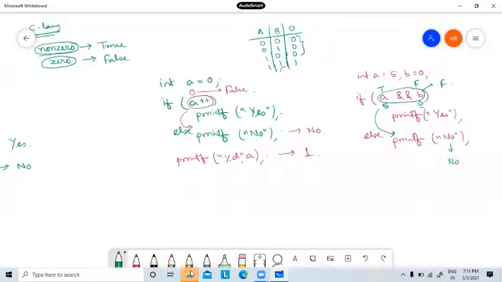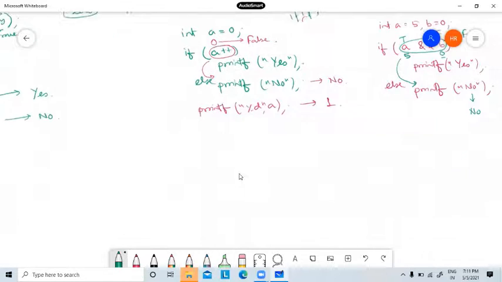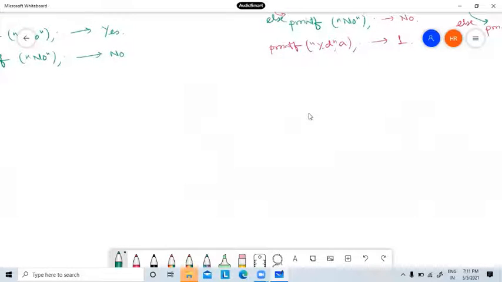Okay, logic clear? Now check this one, very interesting. Suppose a is 5, b is 2, and I'm writing if a and b. This is not logical AND, this is bitwise AND. If you remember the tables of operators, I have shown you this can be used both as unary and binary.